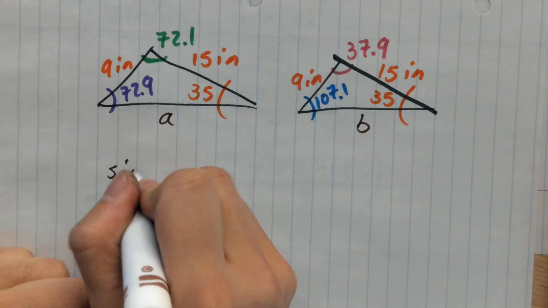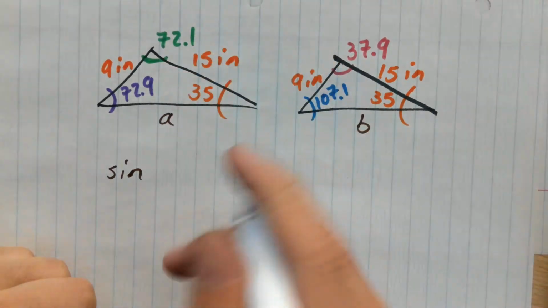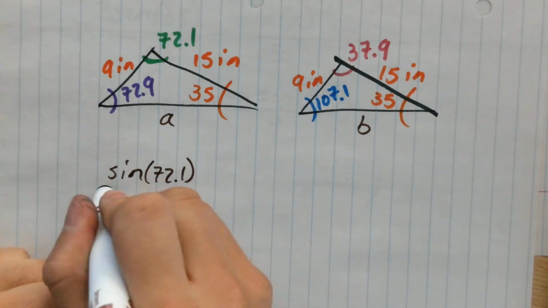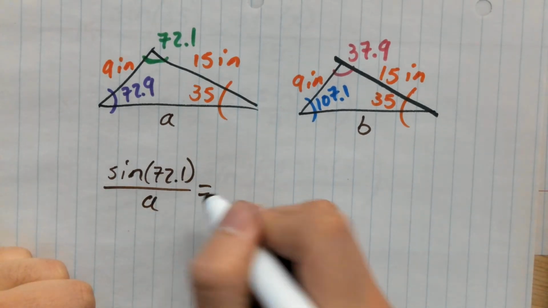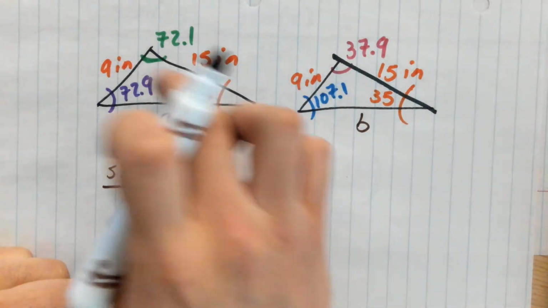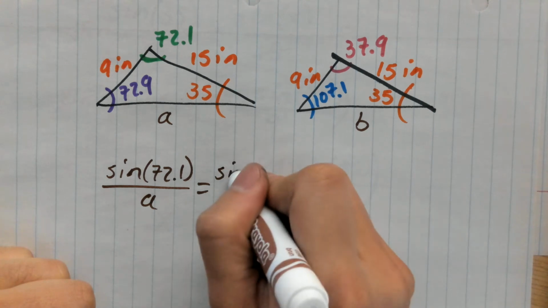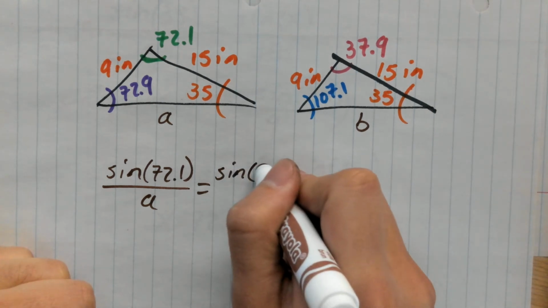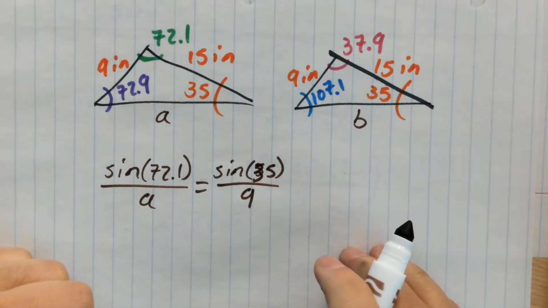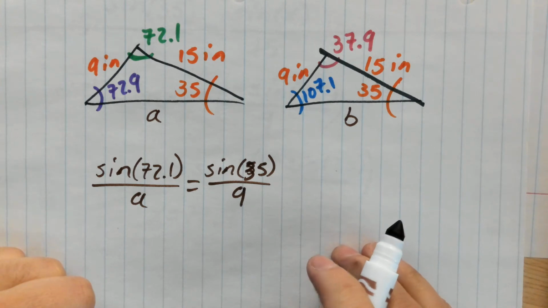Sine of the angle that's opposite to A, that would be 72.1, over A equals, and now I can use 72.9 and 15 or 35 and 9. I'm going to use 35 and 9, it has simpler numbers. So sine of 35 over 9. That's the setup to find the first one.